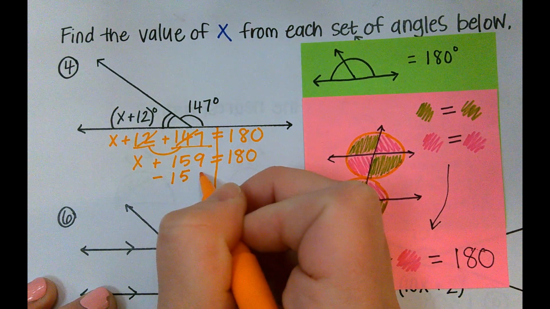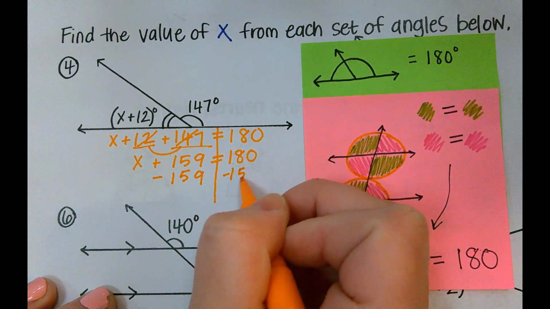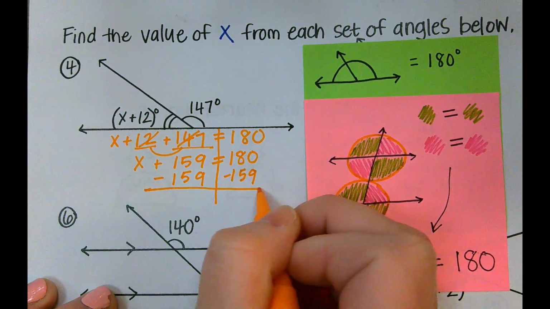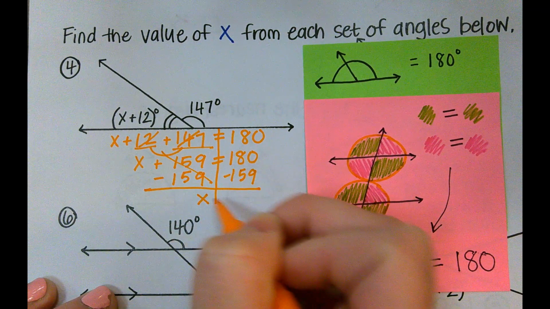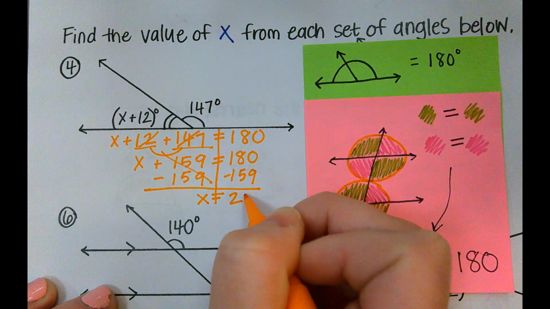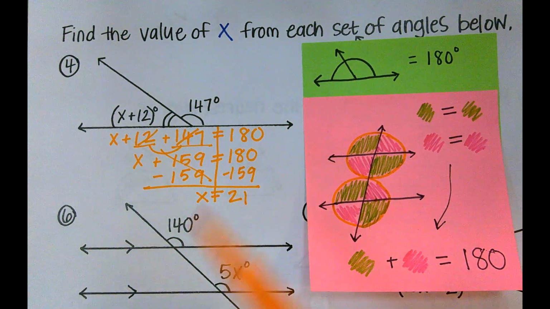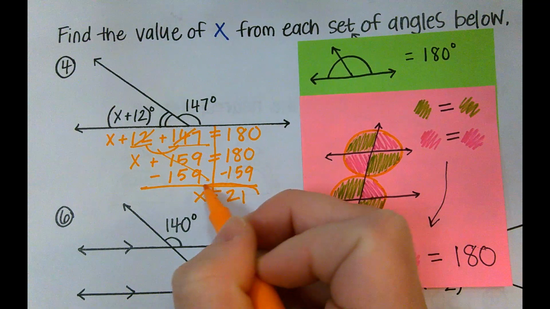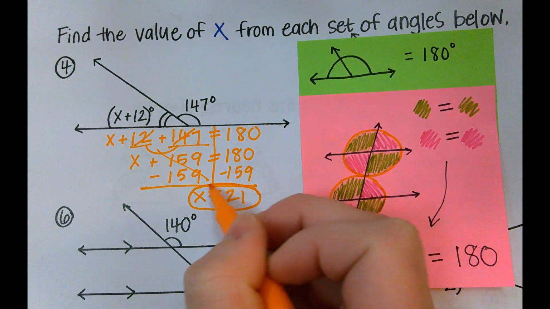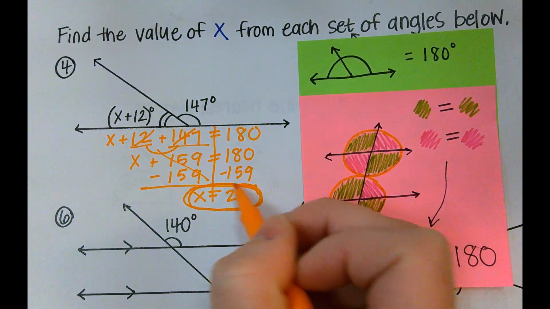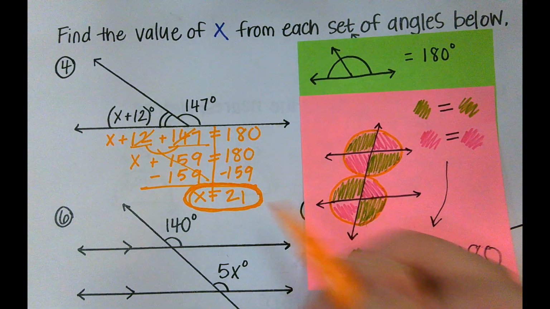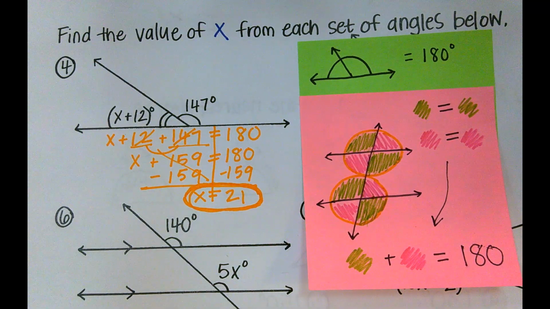Subtract 159 from both sides. You get X equals 21. Perfect. X equals 21. And on these, please circle your answers. There's lots of numbers, and it's going to make grading a lot easier if I can clearly see what your answer is. So circle your answer. And that's number 4.